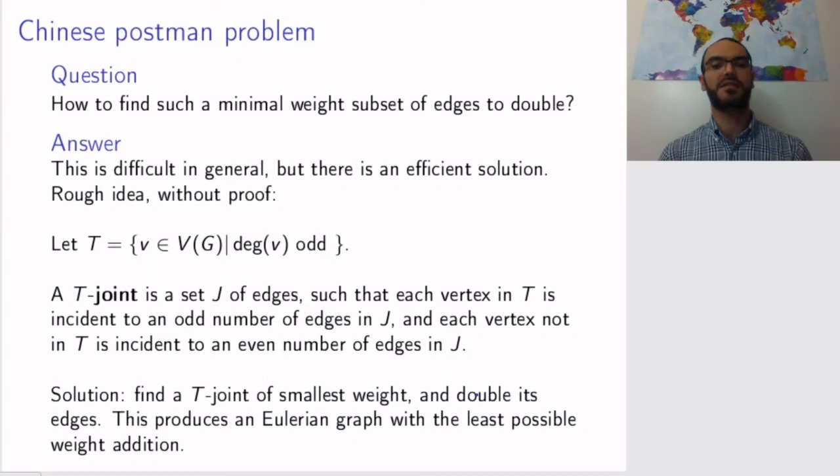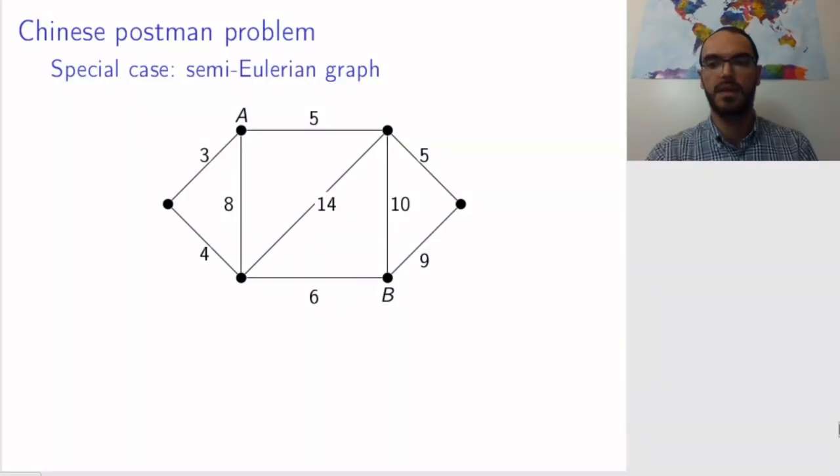But to find such a joint in general, if you imagine a graph with 10,000 vertices of whom 4,000 have odd degree, this is difficult. So we will not do that. This business of T-joints is not only abstract and a bit complicated to grasp, but in general, it's difficult to find an efficient way to implement it.